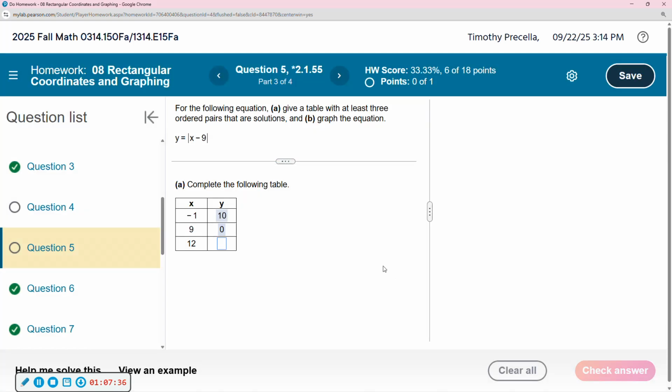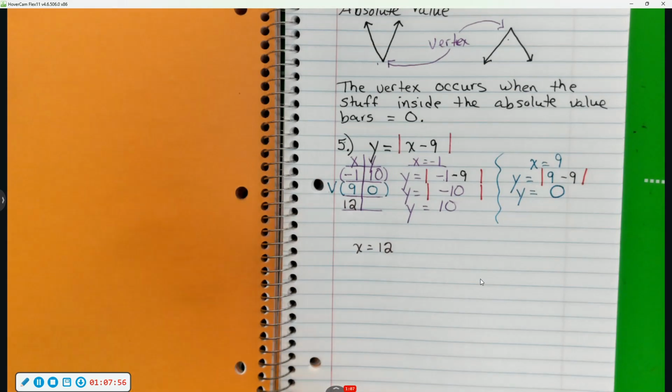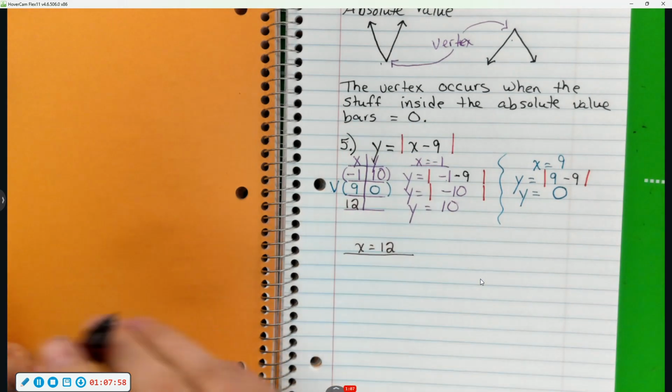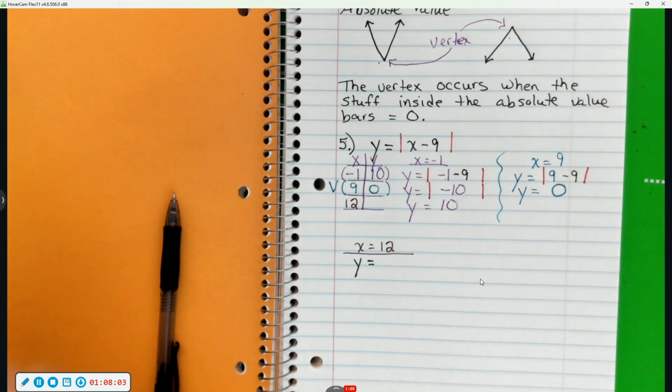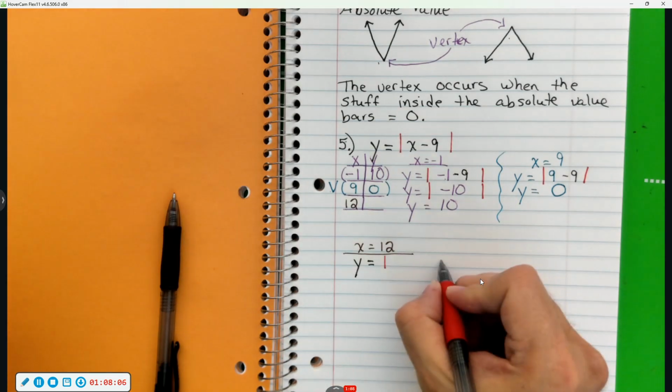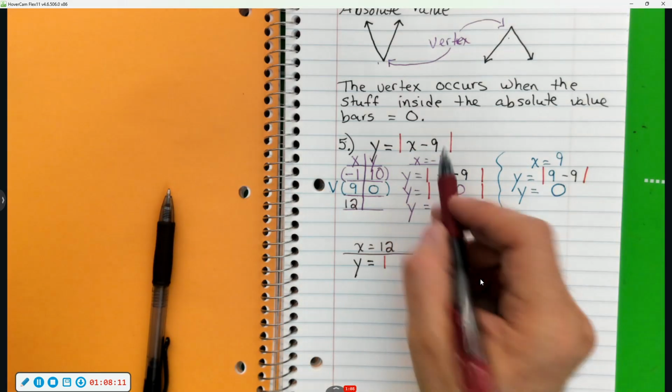And a 12. Let's plug a 12 in for x. So x equals 12. So I'm plugging a 12 in for x now. We'd have y equals absolute value of 12 minus 9.